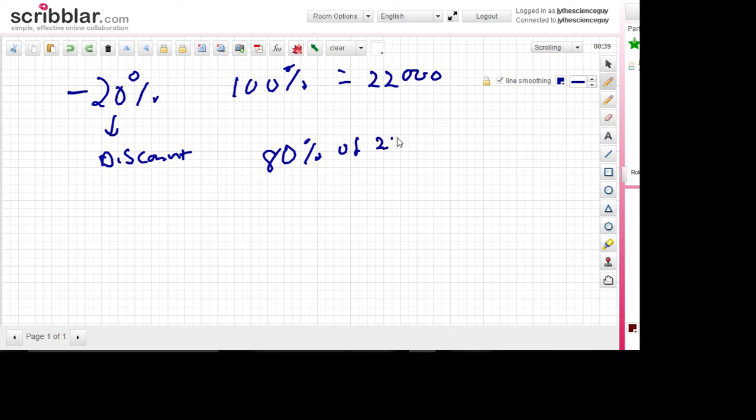Okay, now be careful because I can't multiply by 80. What do I have to do to that number? You'd have to move the decimal 2, so it'd be 0.80. 0.80 times 22,000 equals, you'd be paying 17,600.